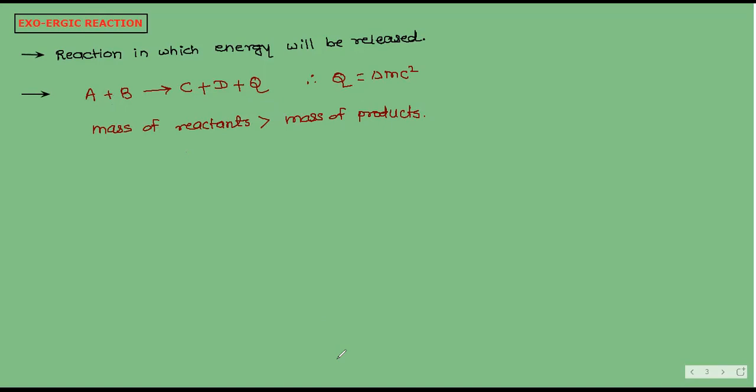Next one, this delta M is equal to mass of reactant minus mass of product, which is equal to mass of A plus mass of B minus mass of C plus mass of D.